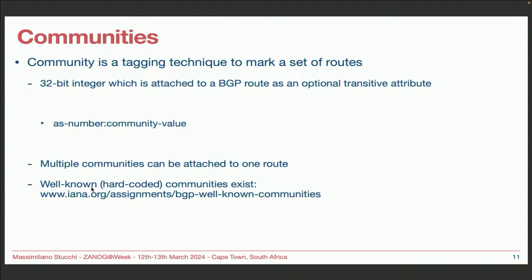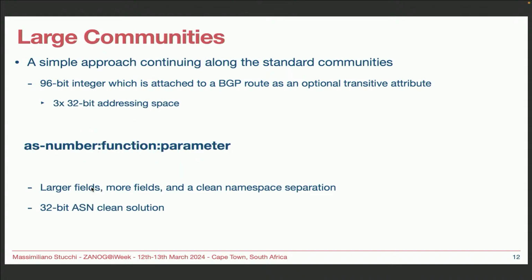There are small normal communities, and there are large communities, which came because the communities as they were designed didn't take into consideration that the size of autonomous system numbers might grow in the future. So we have large communities which not only account for 32-bit ASNs, but account for even more address space to give any route even more meaning.